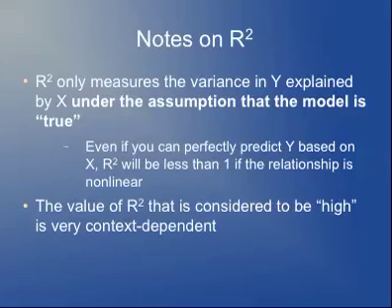However, say the association between X and Y is exponential, a perfectly exponential relationship. Say that Y is literally equal to 2 to the X or something like that.